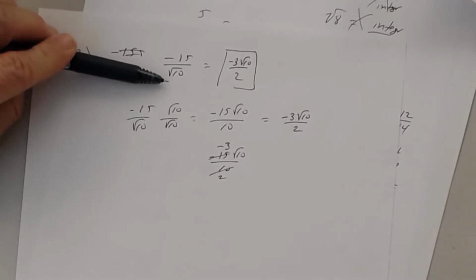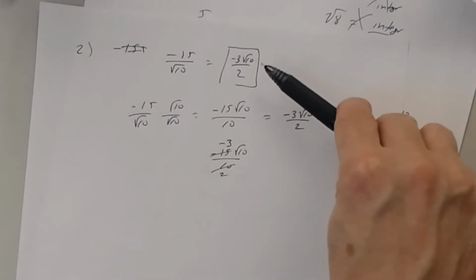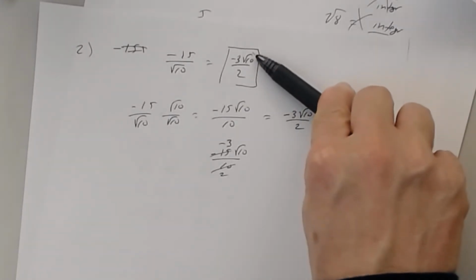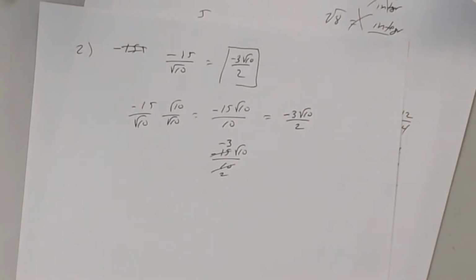I want to make the denominator rational. And so what happens in the end is that the numerator now becomes irrational, and the denominator now becomes rational. Mathematically, we tend to not want a square root in the denominator. So that's why we rationalize the denominator.